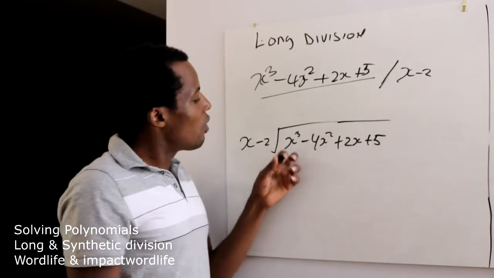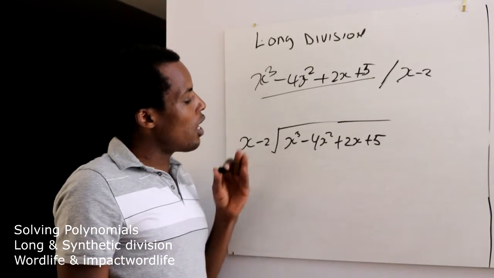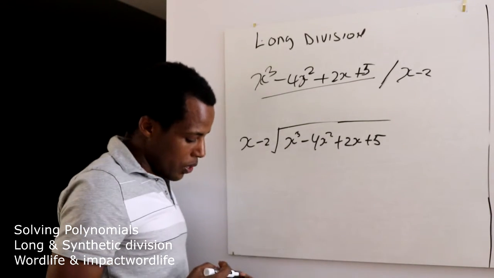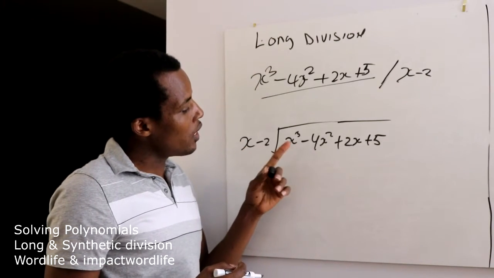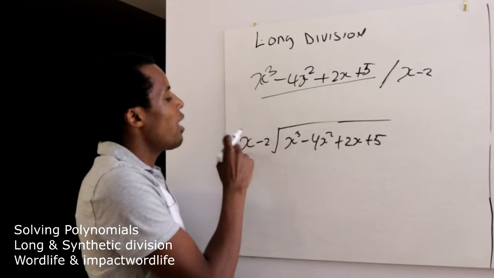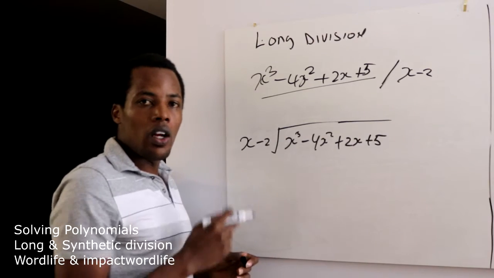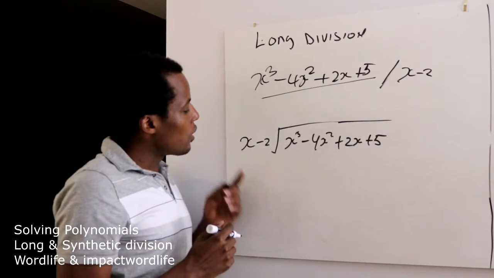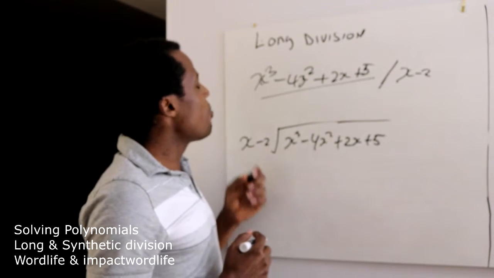The leading term here is x cubed. In order to start solving this polynomial, we need to look at x cubed. What do we have to multiply x with in order to get x cubed? We already have one x, so we're missing 2 x's.